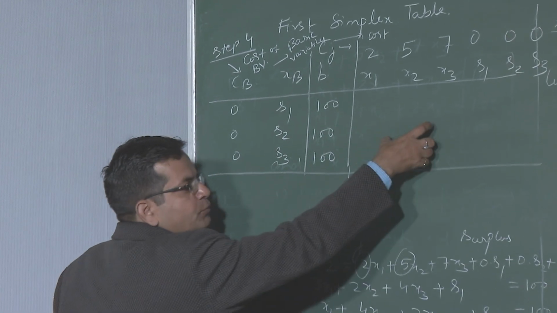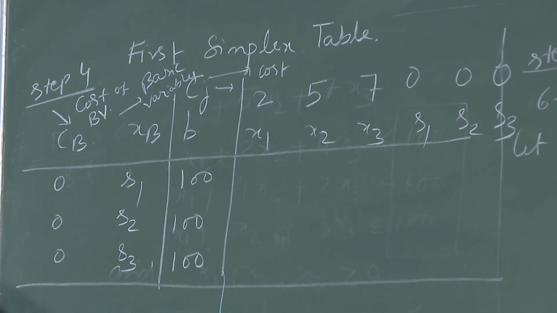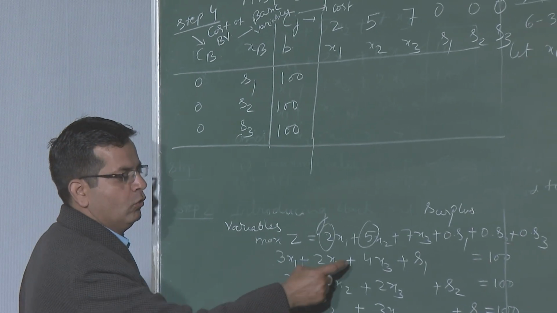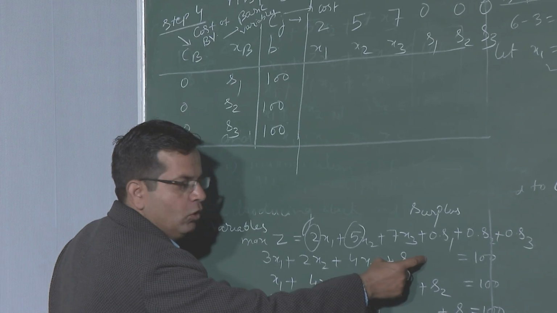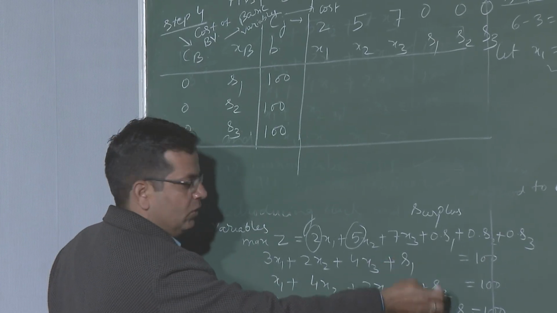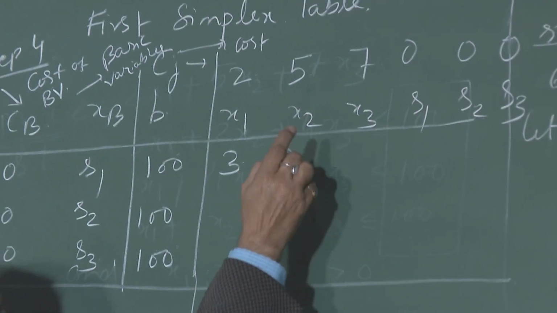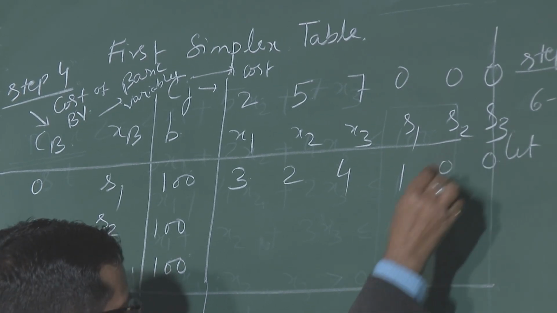In this part we put the coefficient matrix of the system of equations. In the first row it is 3, 2, 4, 1, and S2 is not there, so 0, S3 is not there, 0. So we write 3, 2, 4, 1, 0, 0.